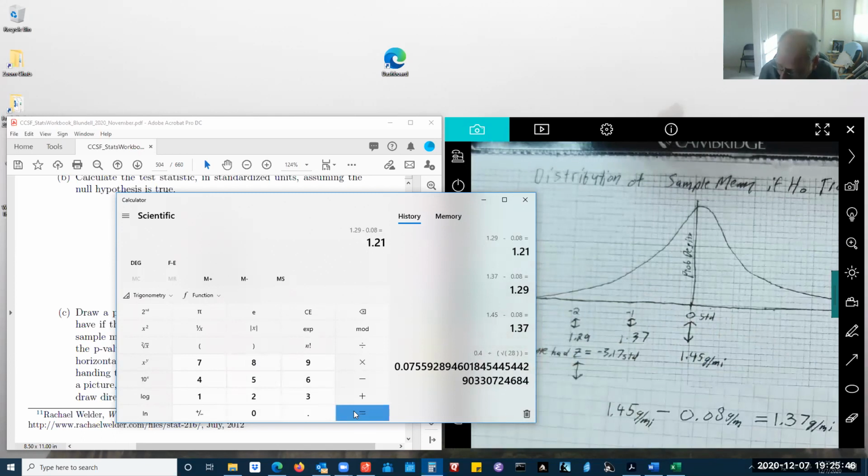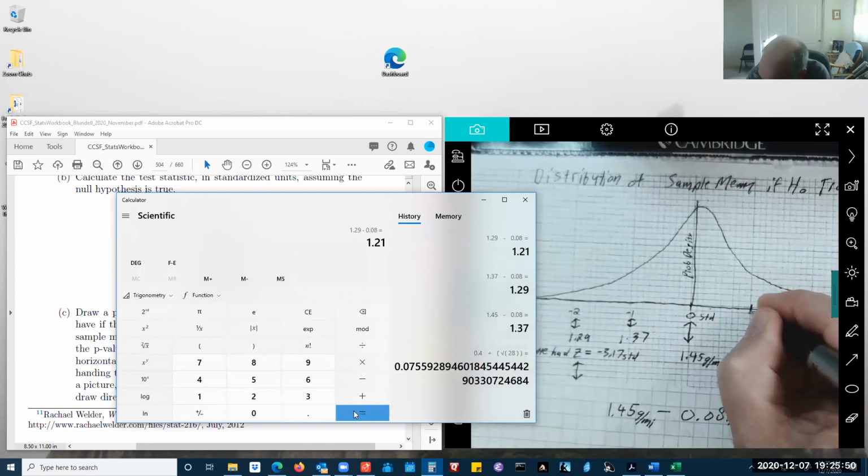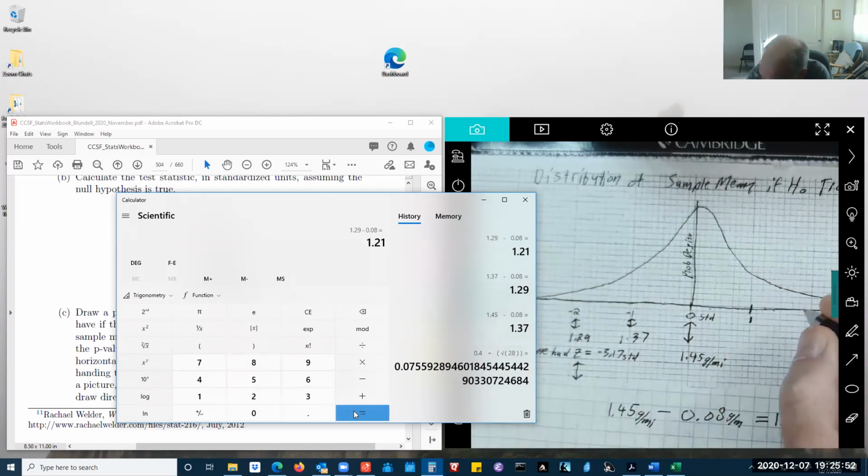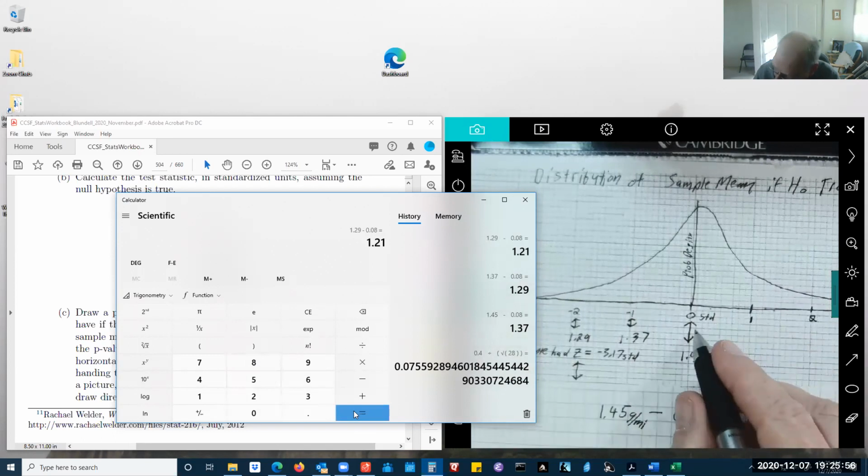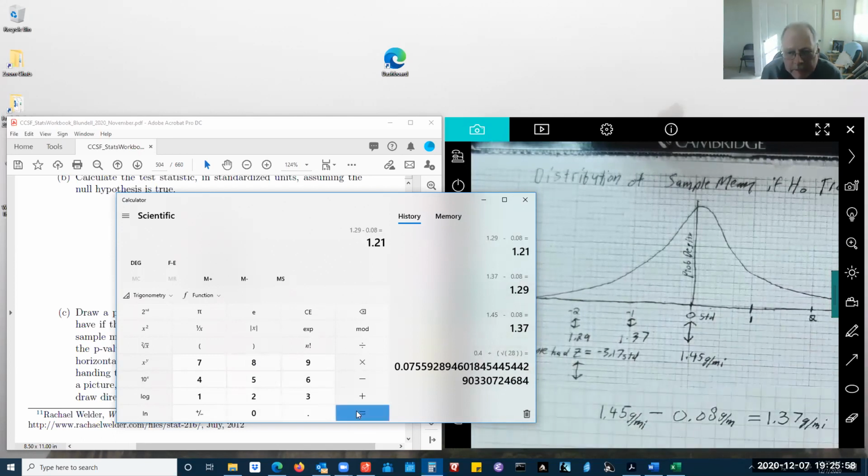Okay. We're going the other way. I keep adding, so I'll take 1.45 plus 0.08.